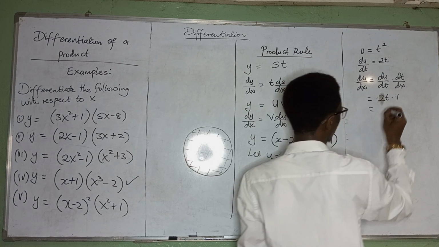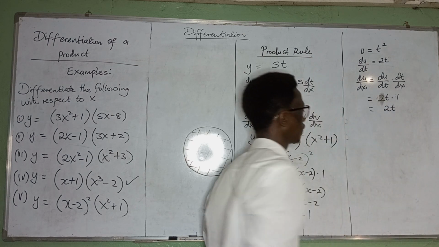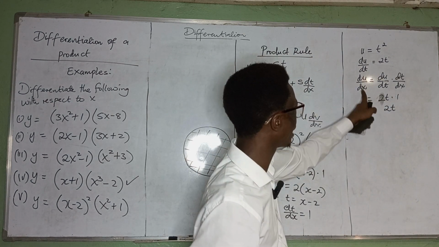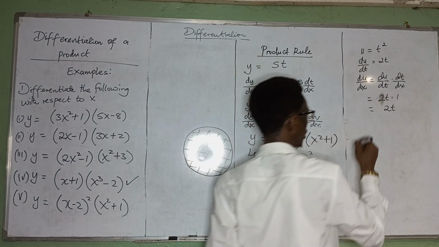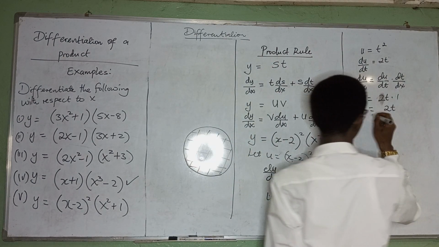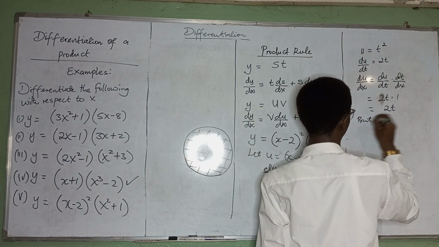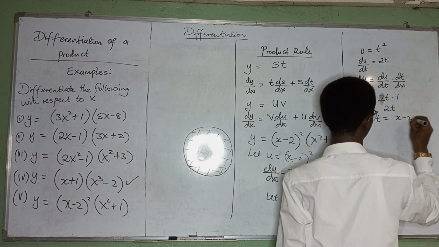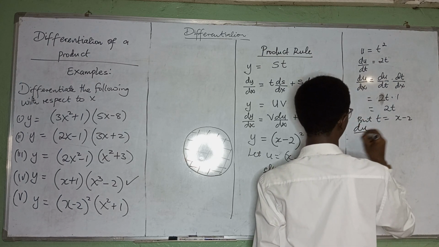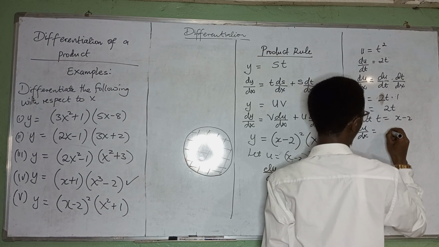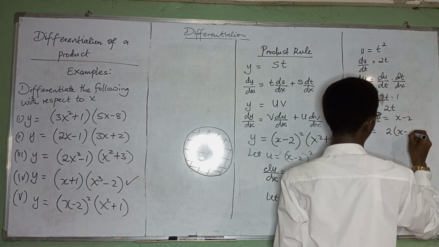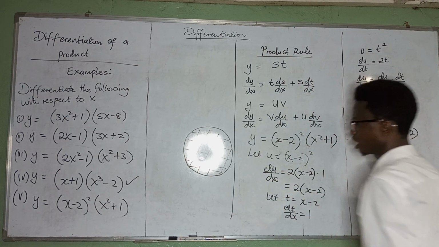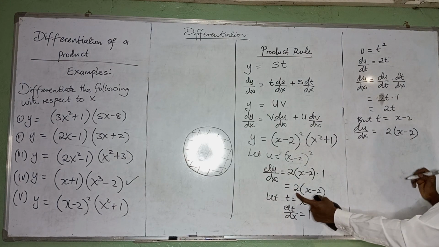So this is 2, so this becomes 2t. So it means your du by dx is 2t, but what is t? t was x minus 2, so therefore your du by dx becomes again 2 into x minus 2, which is again the same as this one.